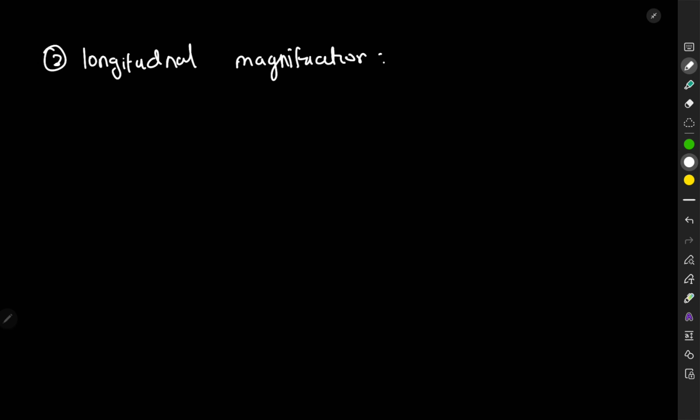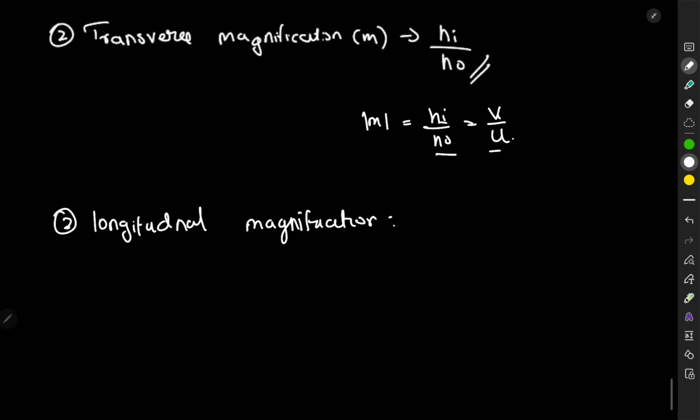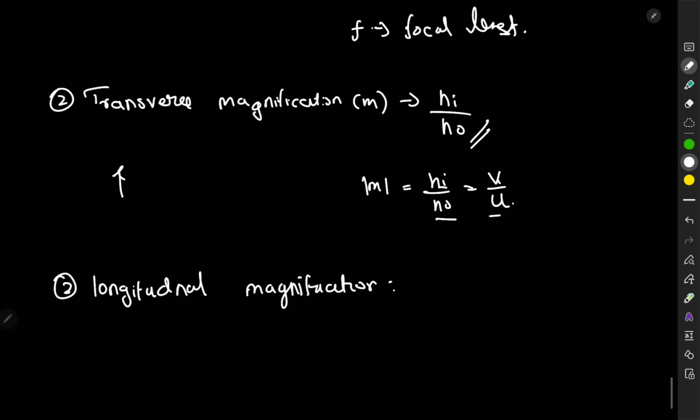Let's move further, which is the third one, longitudinal magnification. What is longitudinal magnification? Beforehand, we have seen that if there is an image like this, it will appear like this or like this.